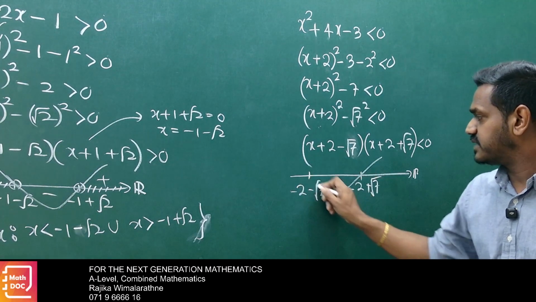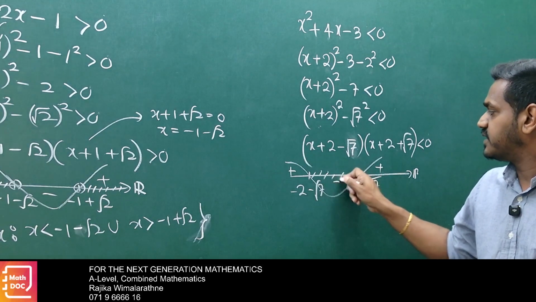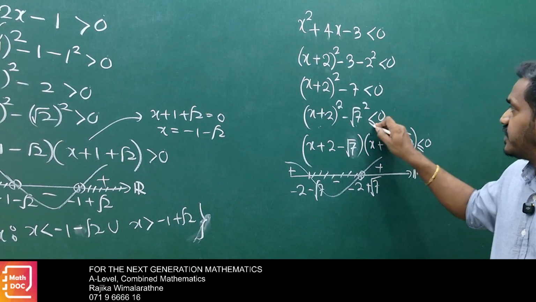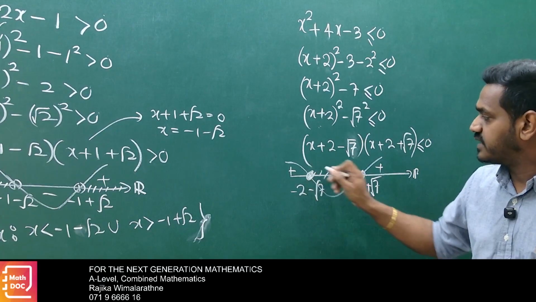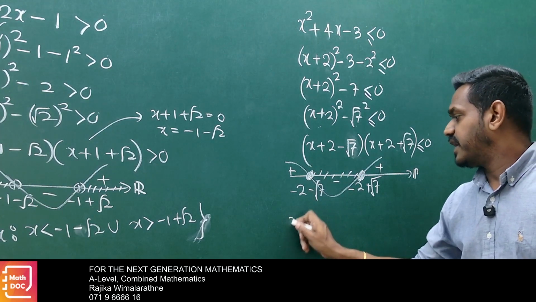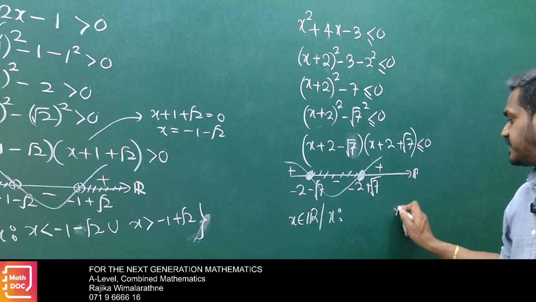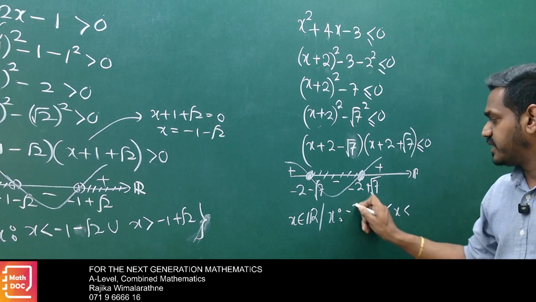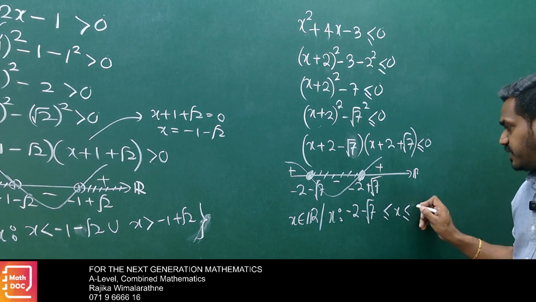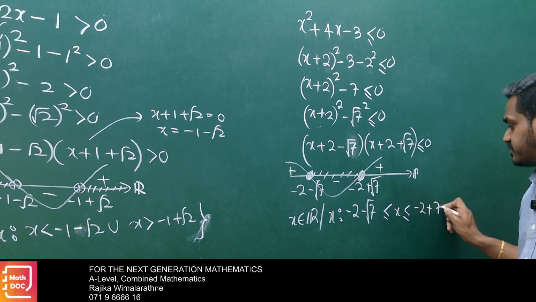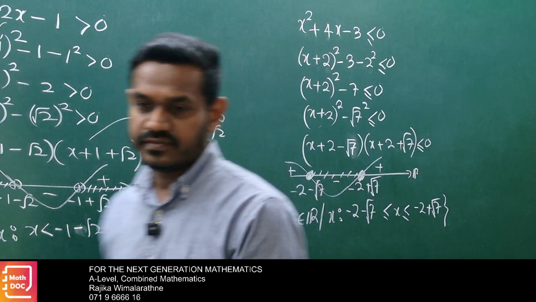Now you start sketching the graph. Then here positive, negative, positive regions. We need the negative region, no? So if we have an equal sign, then you have to shade this. Then the final answer: x element of the real set, x such that x is in between −2 − √7 and −2 + √7. Here is the final answer. Okay, do that one.